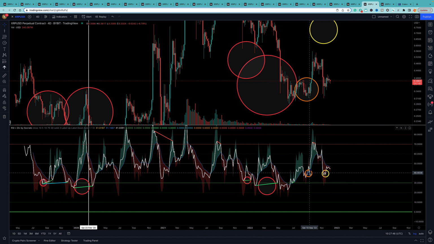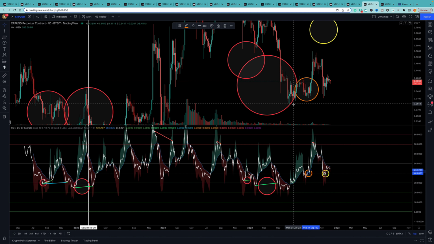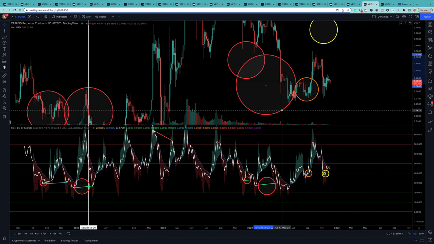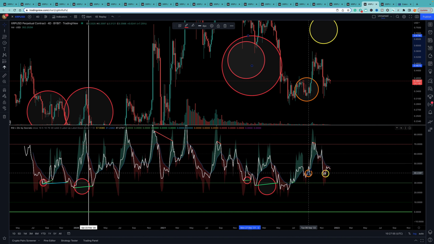And then this one here, the orange one, price action came back level with the trigger point in the bullish divergence. Price action came back level with the trigger point before it went up.